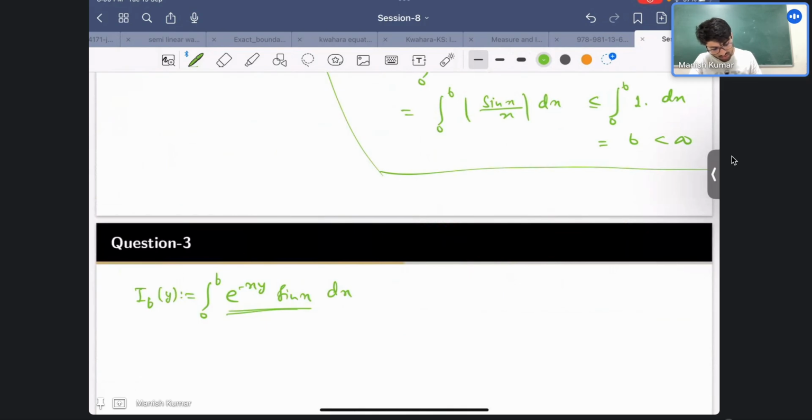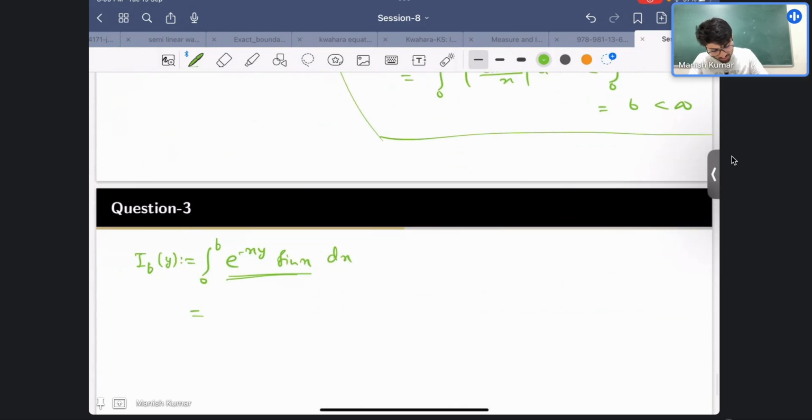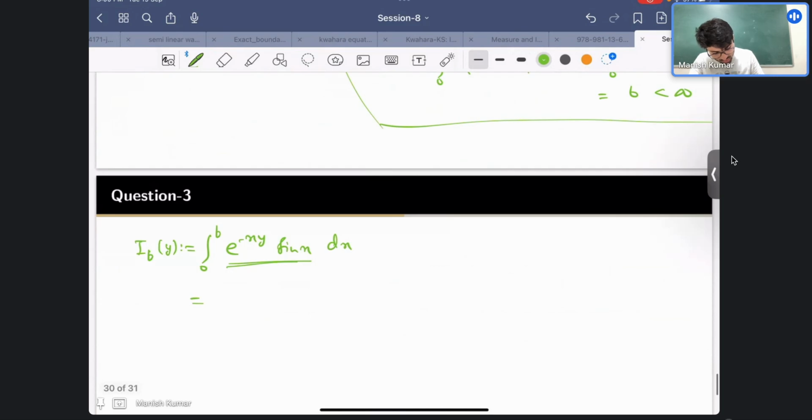Now let's do integration by parts. You take e^(-xy) outside, and the integration of sin x would be -cos x, so from 0 to b, minus, you do e^(-xy), and then you have minus y, and then cos x dx from 0 to b.